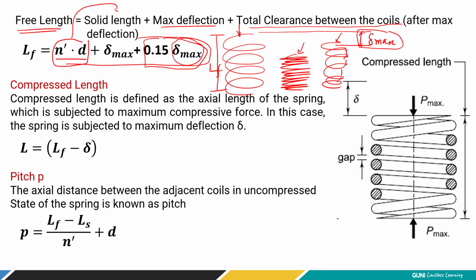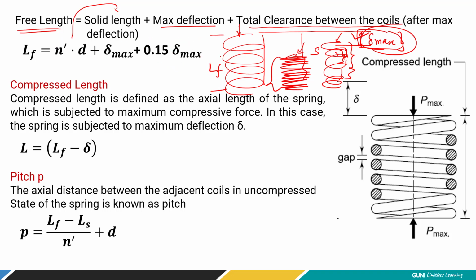When you add the clearance and the deflection to the solid length, it becomes the free length. So free length is a summation of solid length, deflection, plus the clearance between each coil, right? So this makes free length.